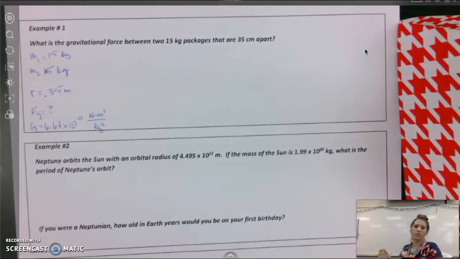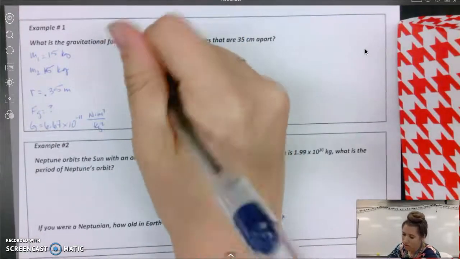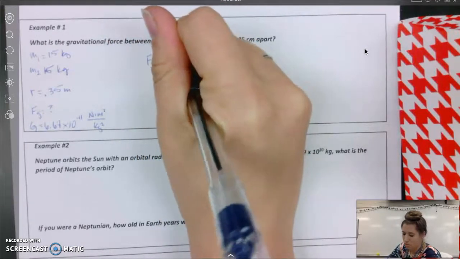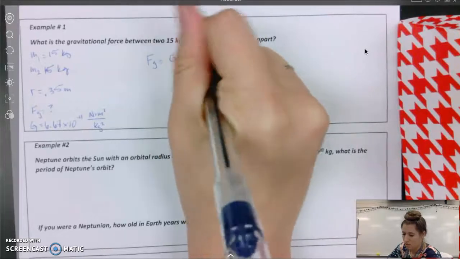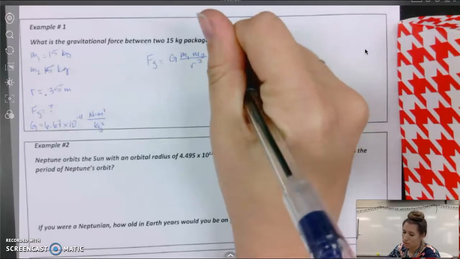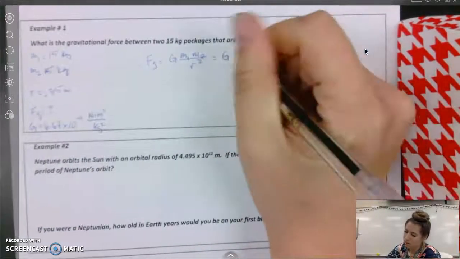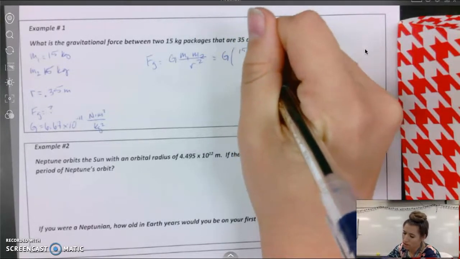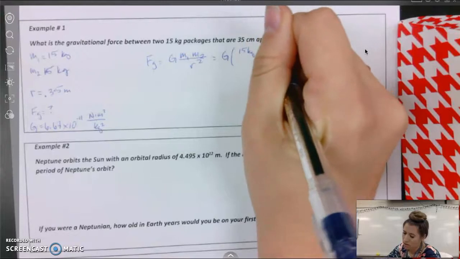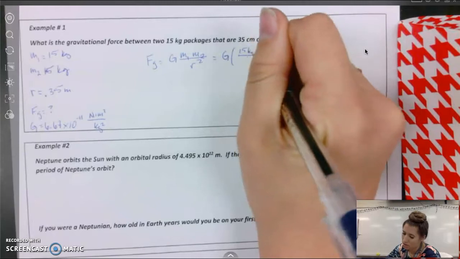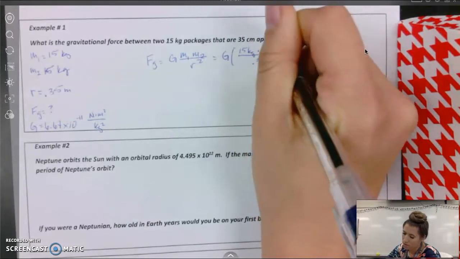Okay, so let's use this equation. Force due to gravity is equal to G multiplied by M1 M2 over R squared. We know what G is, so I'm just going to write G for now instead of the big long number. Then we have M1, 15 kilograms, M2, 15 kilograms, divided by R, which is 0.35 meters, squared.